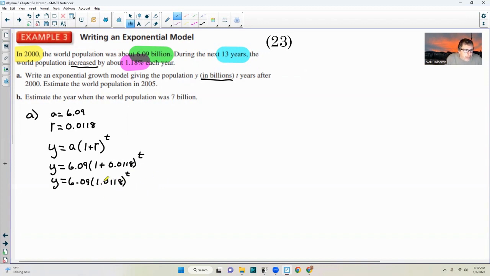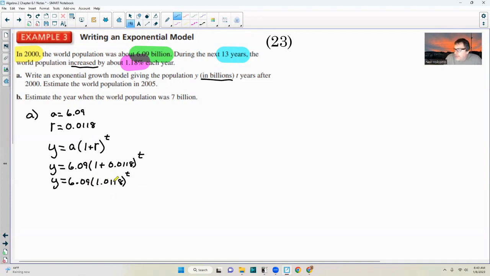B is greater than 1, so it's growth. A is 6.09, so that's our y-intercept. If you hadn't noticed already, A is your y-intercept, and B tells you whether it's growth or decay. And if you substitute 1 into the function, you're going to get B if A is 1, but in this case it'd be B times A.